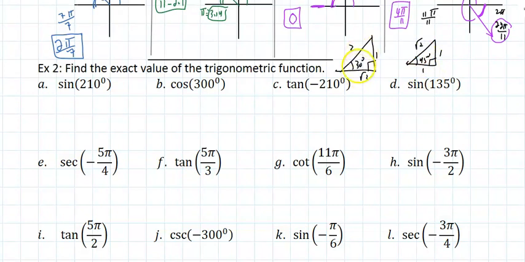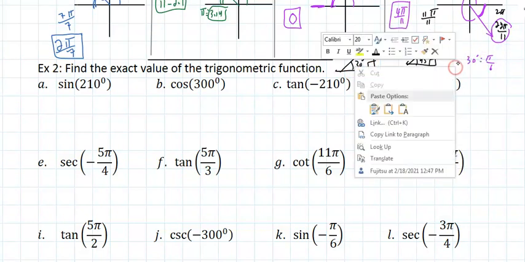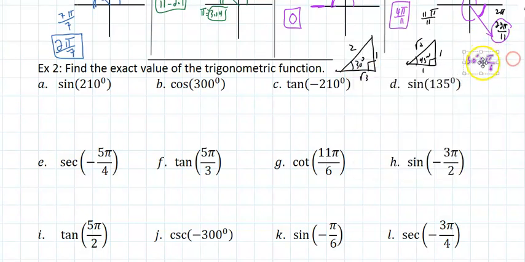And we know 30 degrees is pi over 6, and 60 degrees is pi over 3. So, if it's in degrees, no harm done.